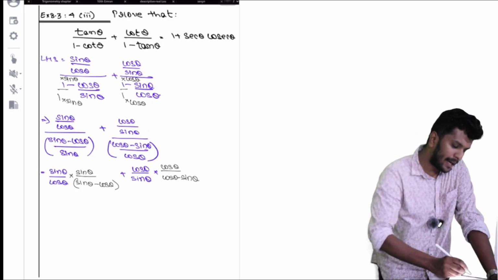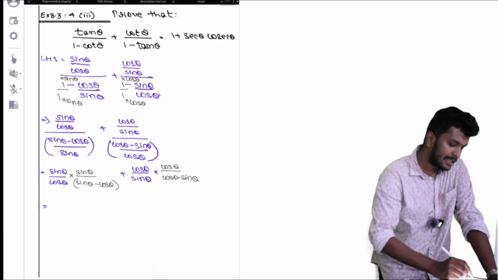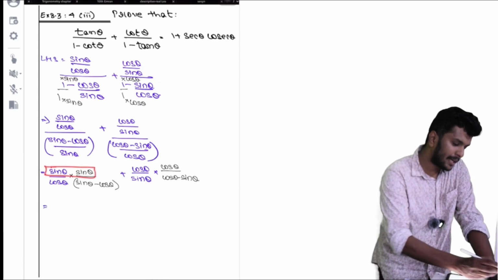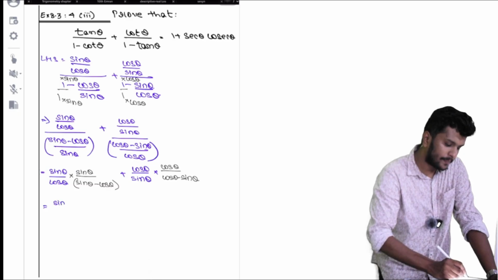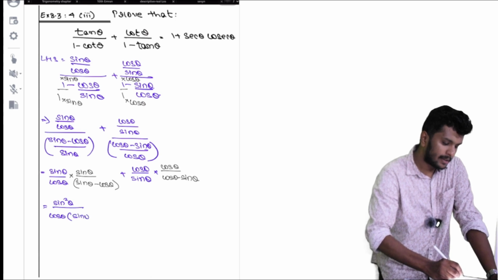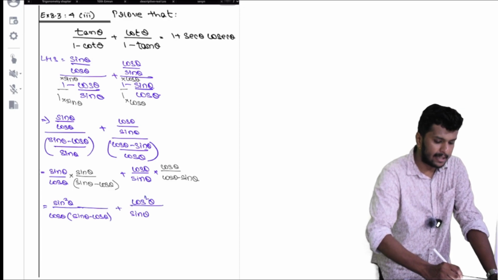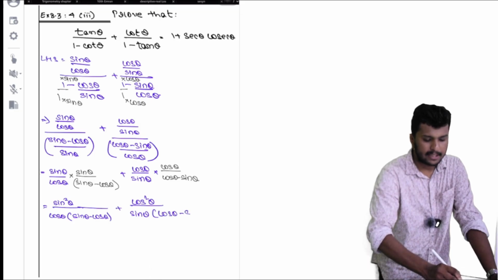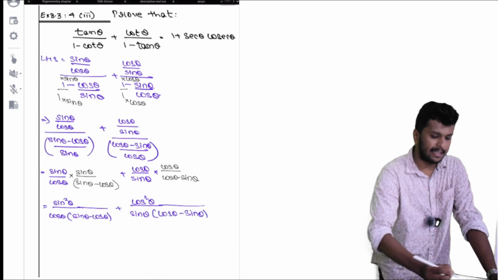That implies multiply the numerators: sine theta and sine theta, you get sine square theta, divided by what happens in the denominator? Cos theta into sine theta minus cos theta, plus cos square theta by sine theta into cos theta minus sine theta.